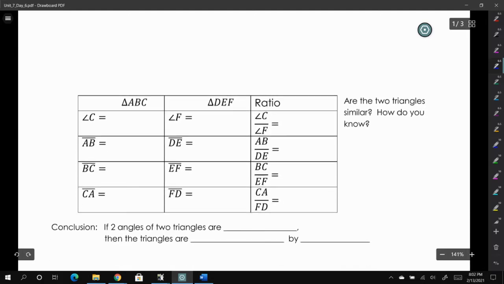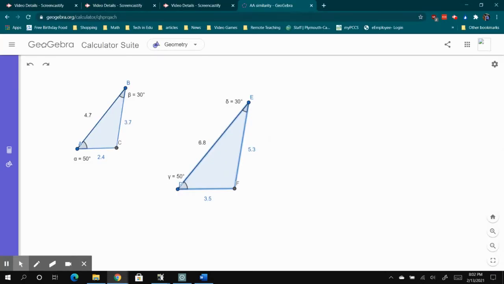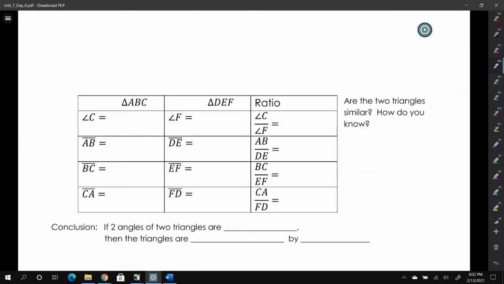So, as we know, in a triangle, all the angles have to add up to 180 degrees. So that means if angle A is 50 and angle B is 30, that means angle C has to be 100, because 100 plus 50 plus 30 equals 180.